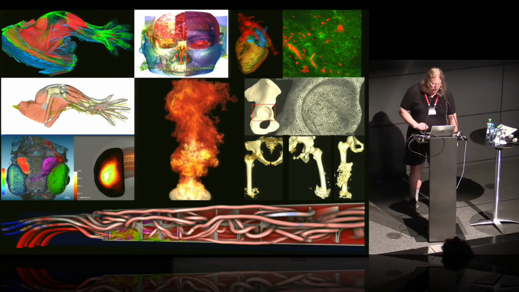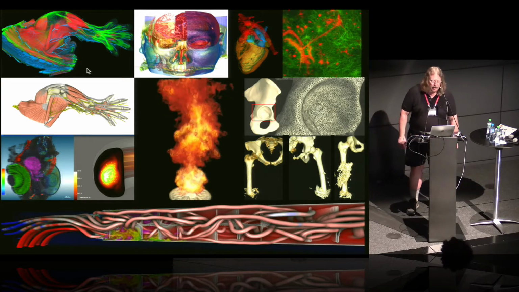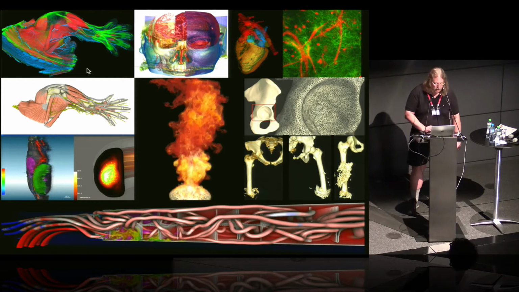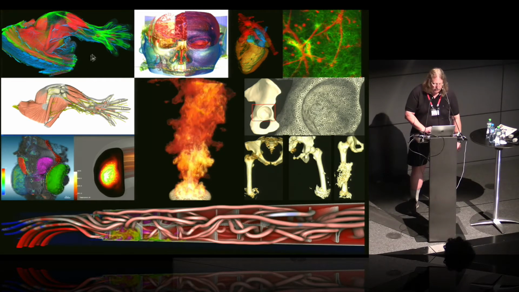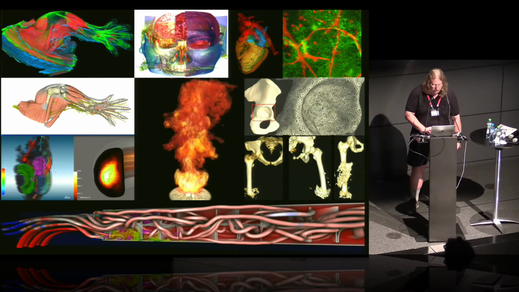We have up in the upper left here, beautiful work from my colleague Chuck Hansen on confocal microscopy visualization. So that's the forearm of a mouse paw where they've been able to stain to see the tendons and muscles and the nerves.